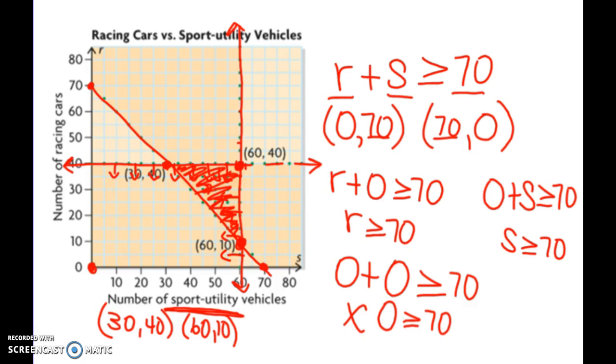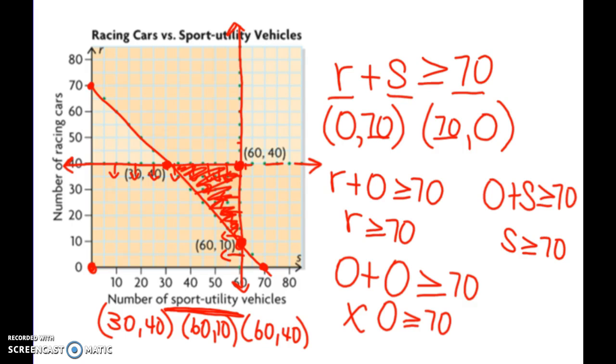So if you notice, our points right here are totaling up to 70 or more. Okay, so that might help you find your point. And then this point is 60 over and 40 up. So that concludes step number 2.